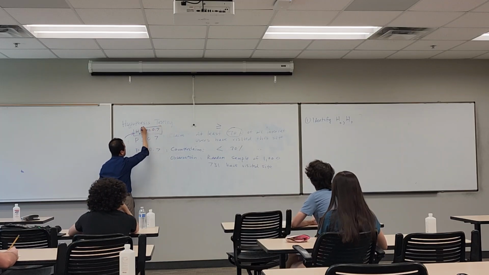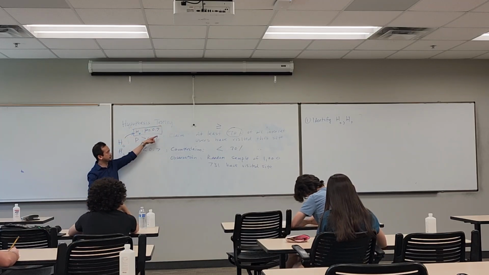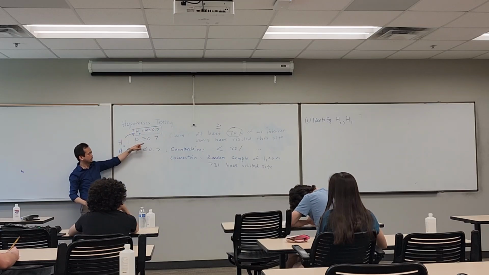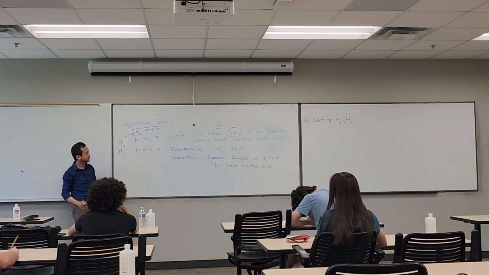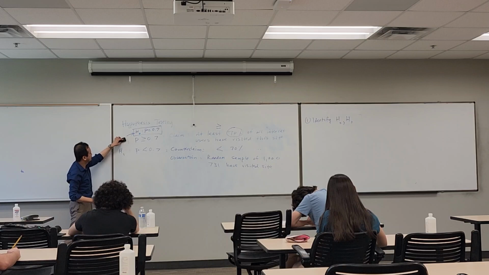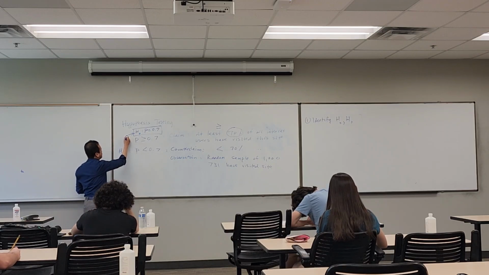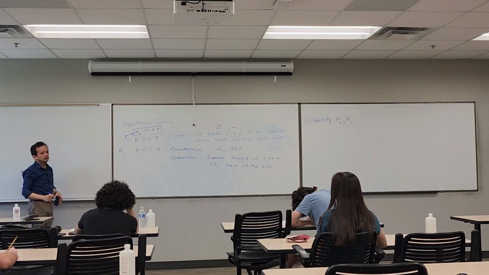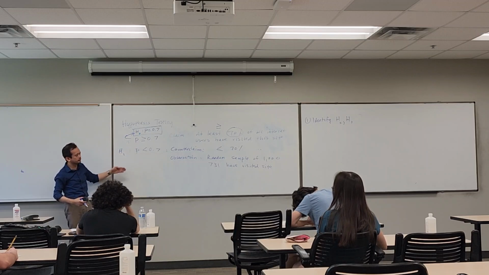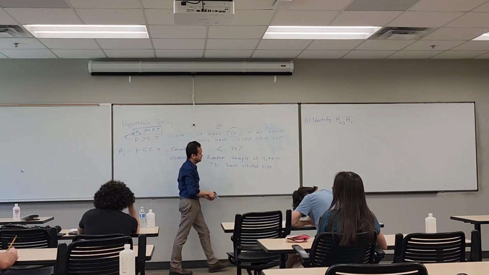So technically, the null hypothesis is just the statement that has the equal sign, and that came from the inequality previously that contained the equal sign. All right, any questions? So now we have the null hypothesis, we have the alternative hypothesis. So now we're ready for step 2.